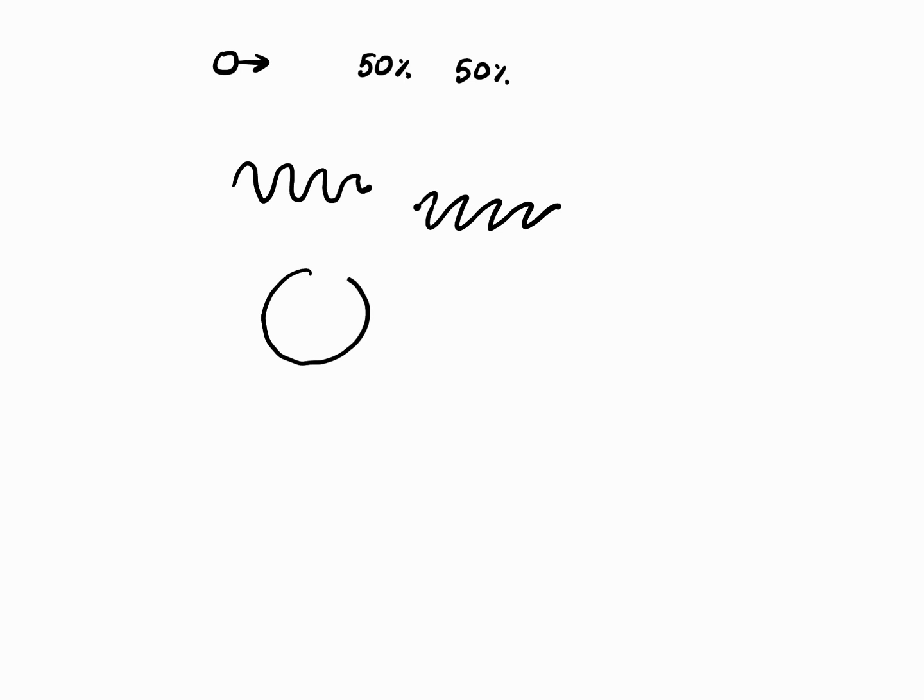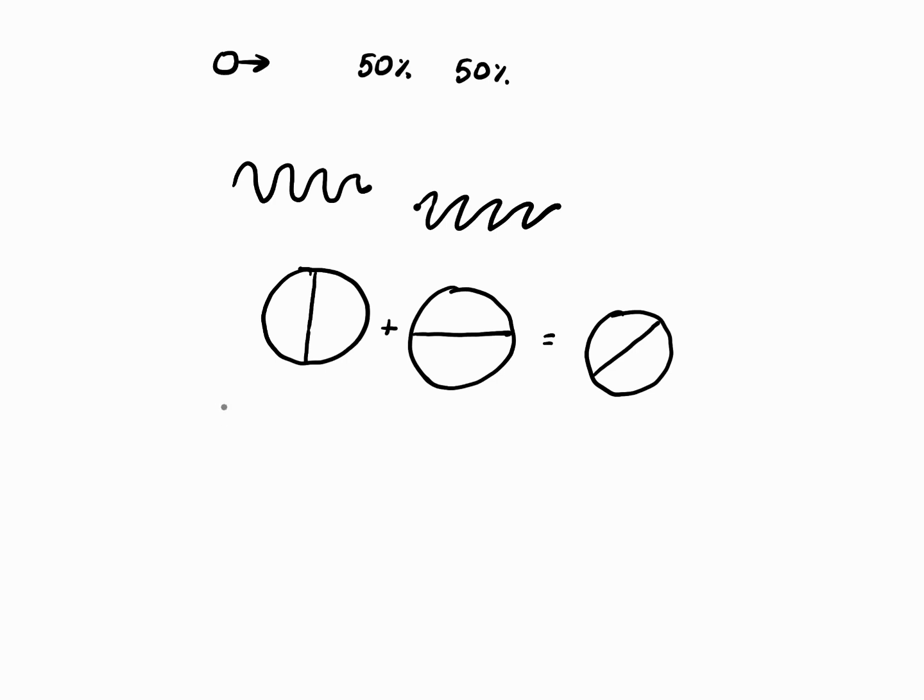So it probably helps if I instead draw it this way. So I could either have one that's polarized vertically or polarized horizontally, but I can essentially add them together to get a photon that's polarized in this 45-degree direction.